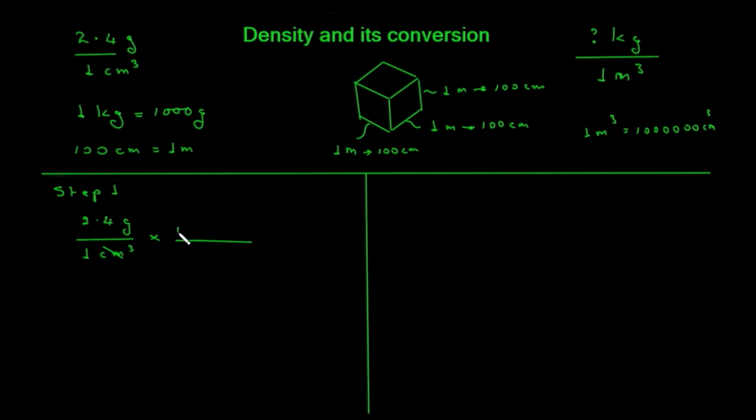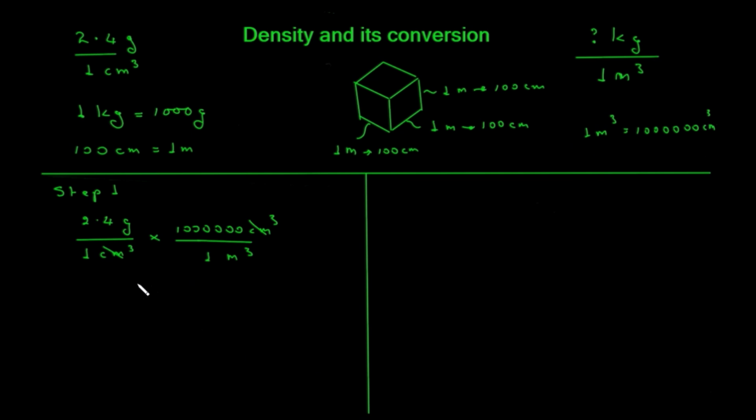Okay, we have 1 pair, 2 pair, 3 pair, centimeter cubed. That cancels that out. And we have 1 meter cubed. That is the ratio which matches this here.